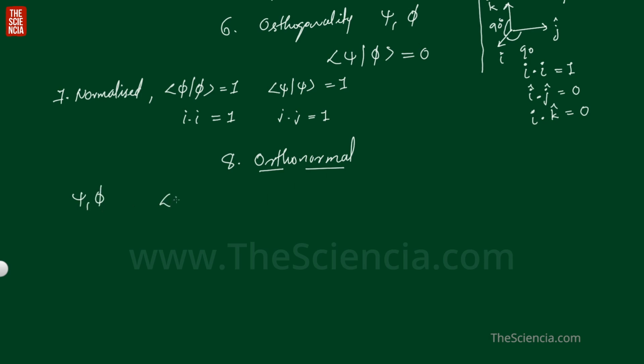Then the inner product or scalar product of psi and phi will be equal to 0, the inner product of psi with itself will be equal to 1, and the inner product of phi with itself will be equal to 1. Then we can say these vectors psi and phi are orthonormal vectors. This is a very important point.